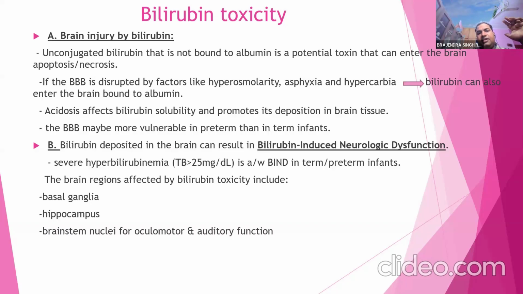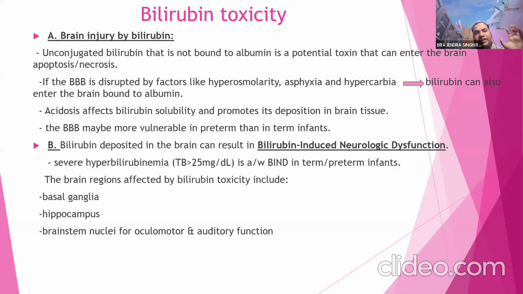And in case the blood-brain barrier is damaged too much and the bilirubin level is higher but not too high, then there are also chances of brain injury, because if the blood-brain barrier is intact, the chances of bilirubin transfer from blood to brain are less.